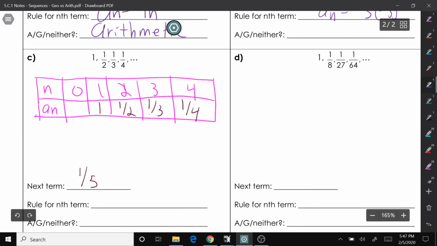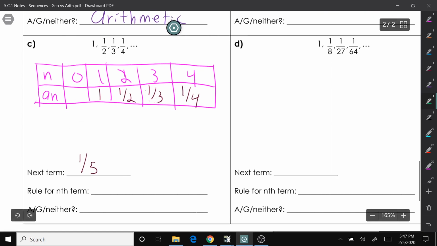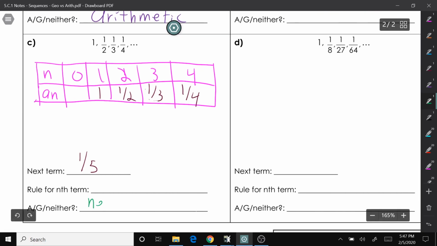But when you look at this, there's no numbers that you can add each time or multiply each time to get the next one. So this is neither. And the rule would be, remember to go find the rule, we got to go back.